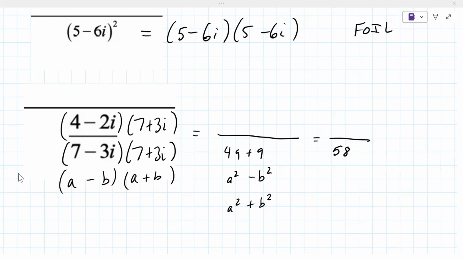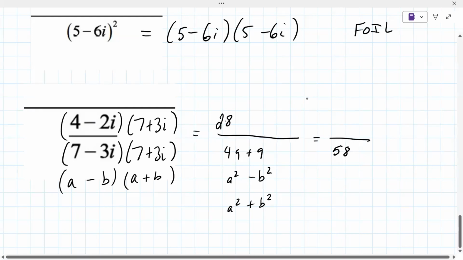Just give me what you have for the FOIL on the top. I got 28 plus 12i minus 14i minus 6i. And what is that reduced to? 28 plus 32i.